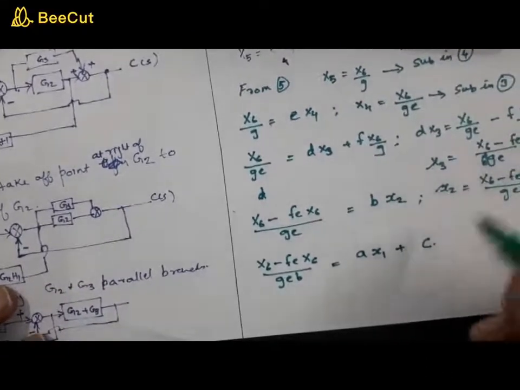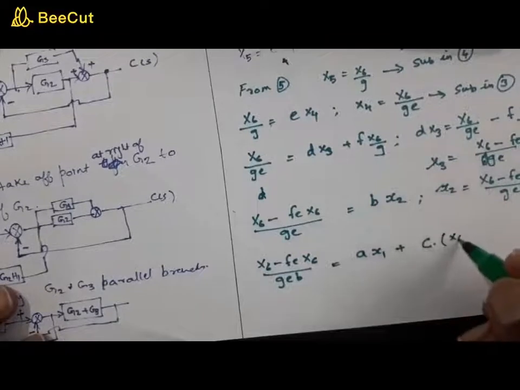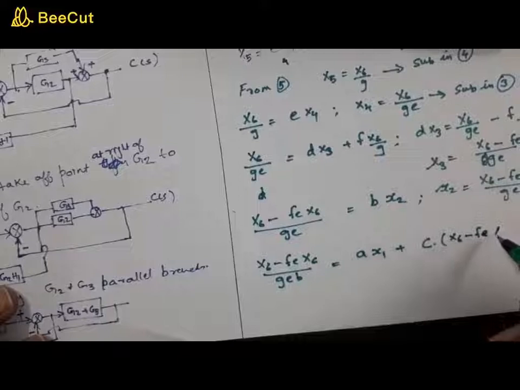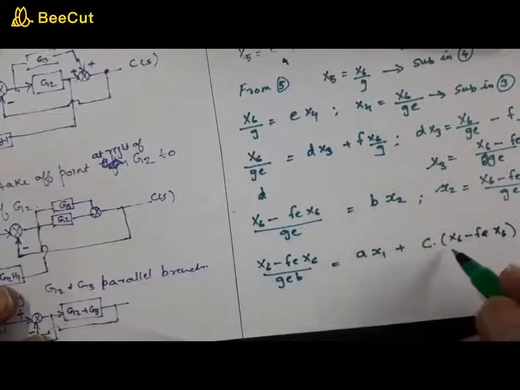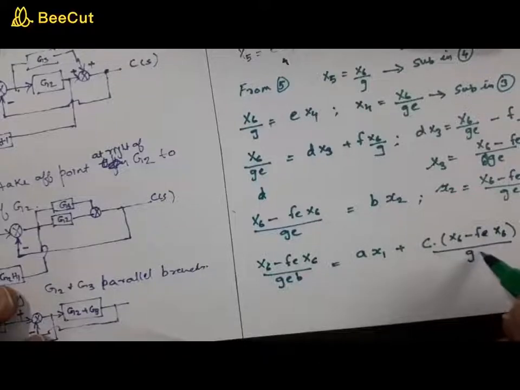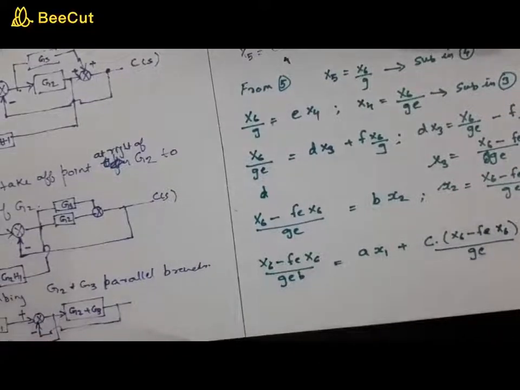What is x3? x3 is x6 minus fe into x6 divided by ge, right?